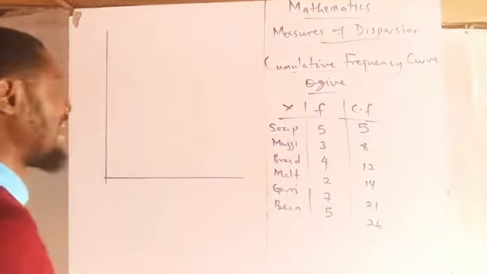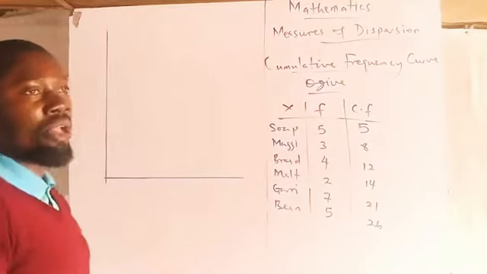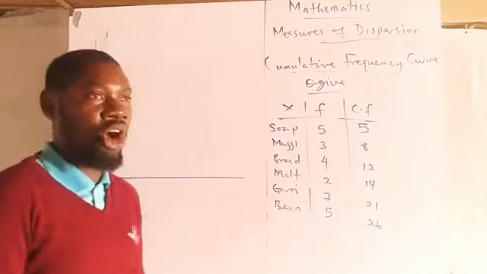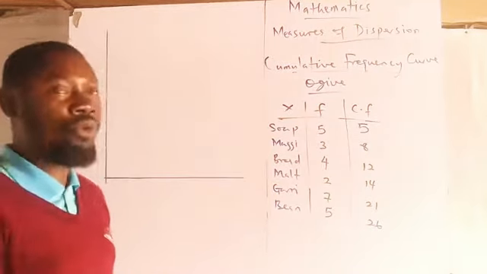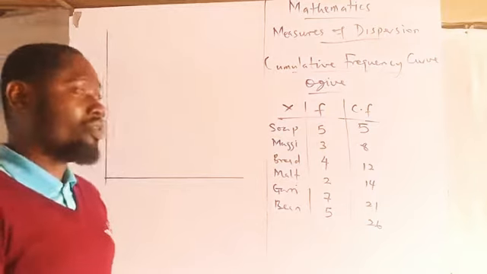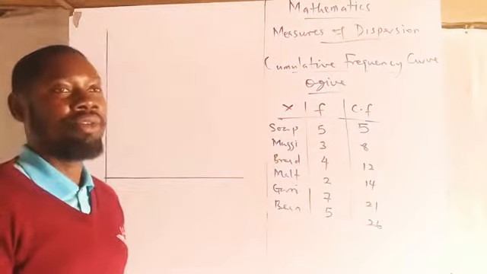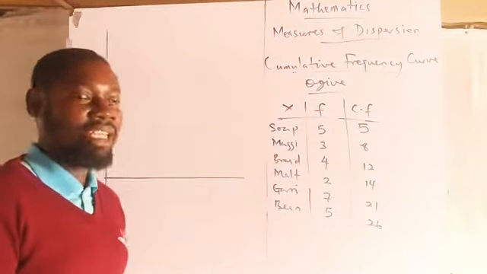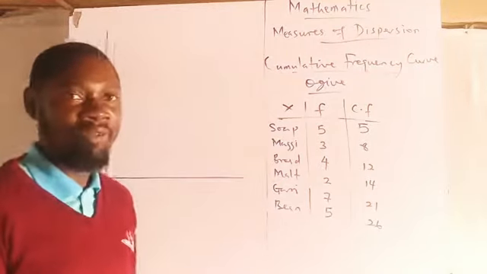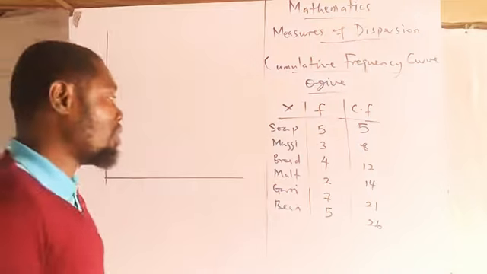If you look at the cumulative frequency, the smallest is 5, the highest is 26. You can decide to arrange your numbers in magnitude or in orderly form, like 2, 4, 6, 8 or 3, 6, 9 or 5, 10, 15, 20. So I'm going to use 2.